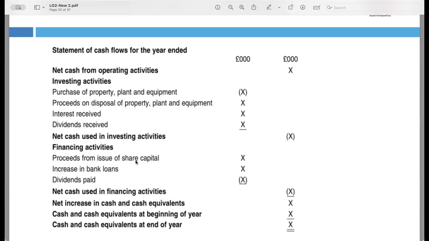Operating activities covers cash flows from primary revenue generating activities and other operational transactions not classified under investing or financing activities.